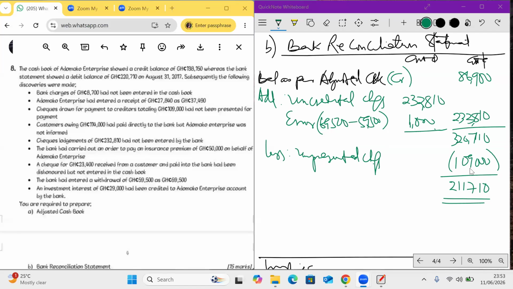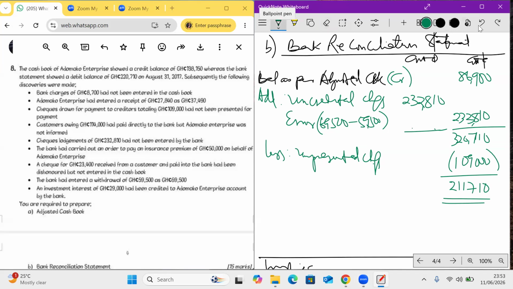The reason why it didn't balance is there's an error here. The computation here should be 10,000, not 1,000. So here it should be 10,000, not plus 1,000.